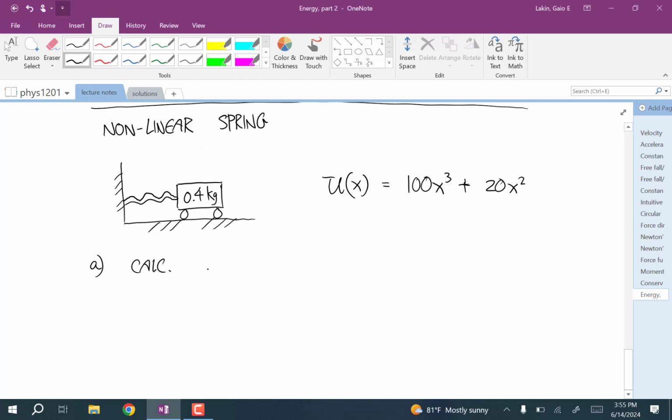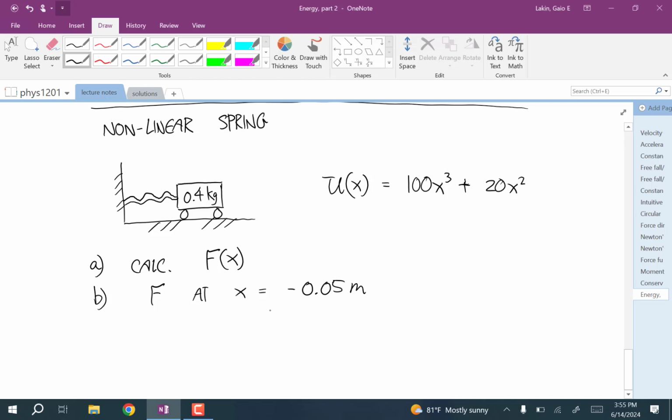Okay? And what we want to do is first calculate the force as a function of x. Second, we want to use that to calculate the force when x is equal to, let's say, negative 0.05 meters.